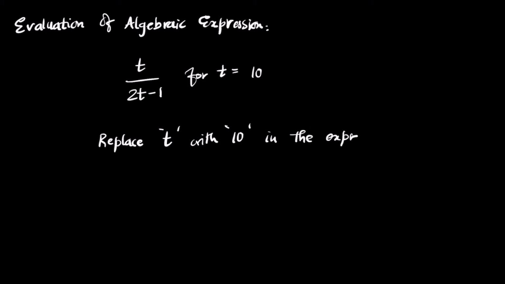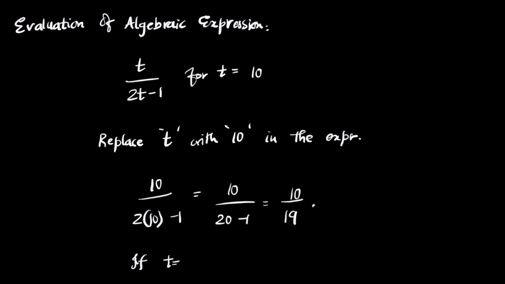So 10 by 2 times 10 minus 1. That gives you a value of 10 by 20 minus 1. So that ends up becoming 10 by 19. So if t equals 10, then the value of t by 2t minus 1 becomes 10 by 19. So this is how you evaluate an expression. Basically, replace the variable with the value. So that finally gives you the value of the expression.